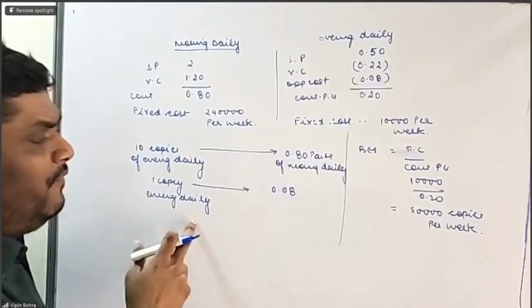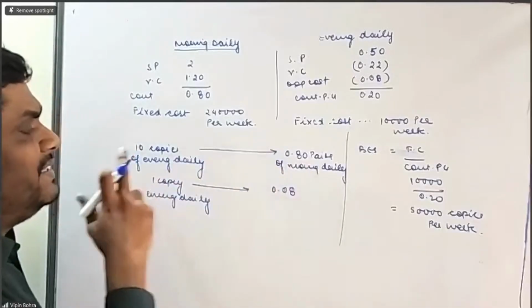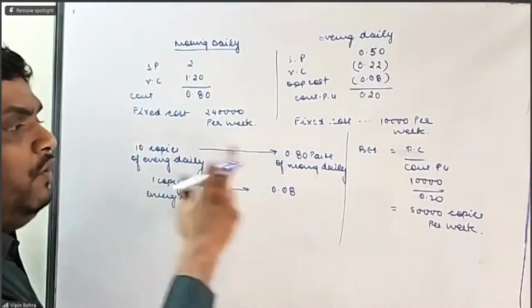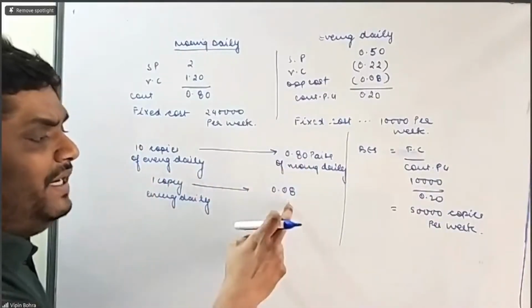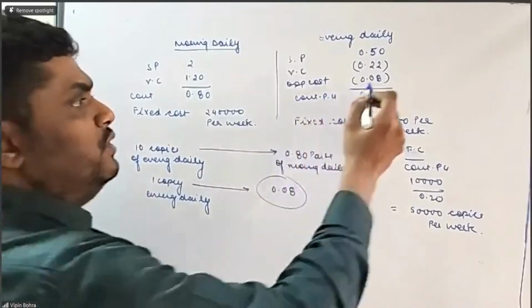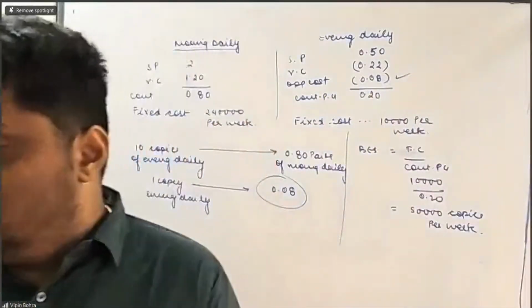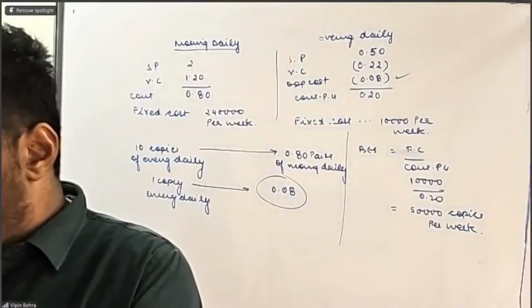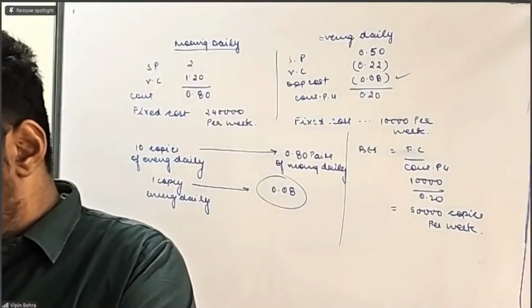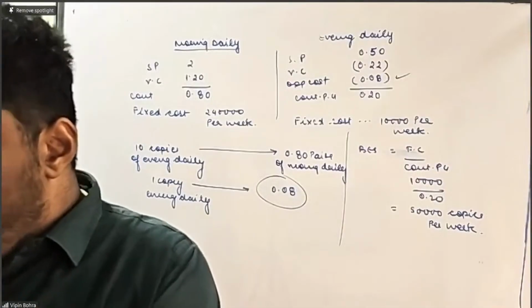For every copy of evening daily, we can say there is an opportunity cost of 8 paisa. 80 paisa divided by 10. See, for 10 copies 80 paisa, so for one copy it is 8 paisa. So we can say 8 paisa is my opportunity cost. I hope it is clear.